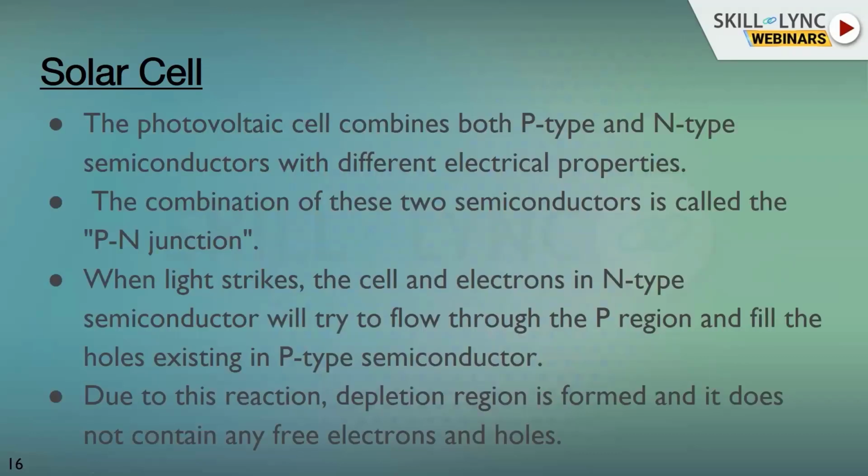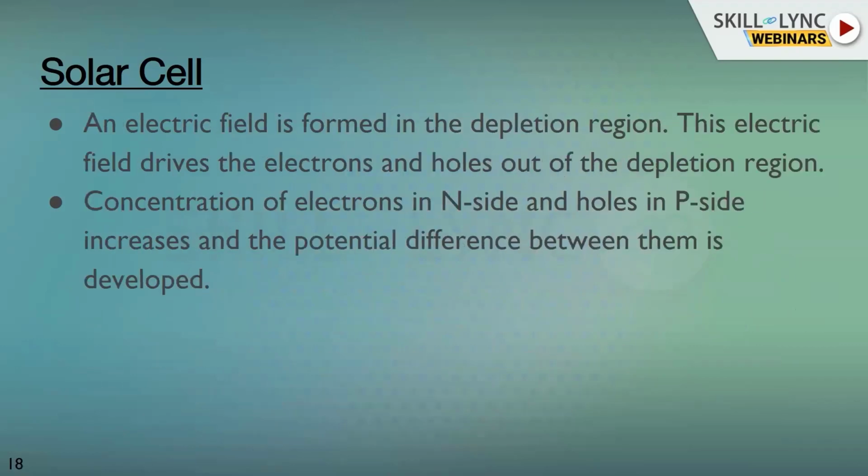When light strikes the cell, electrons in the n-type semiconductor will try to flow to the p region and fill the holes. Like I said, it combines and generates the depletion region.